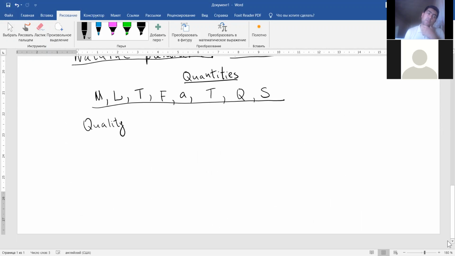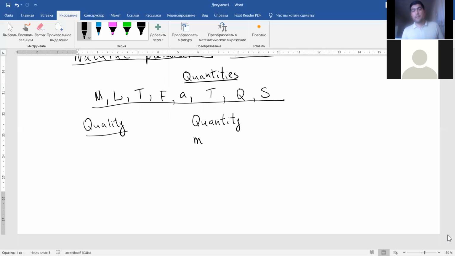Qualitative description. So we say higher, faster, slower, hotter, cooler. This is quality, but physics deals not with quality but with quantity. We don't say higher, faster, heavier. We say exactly the value.